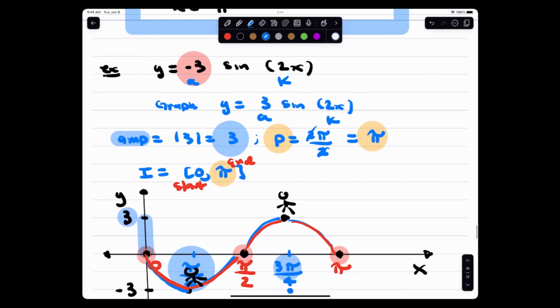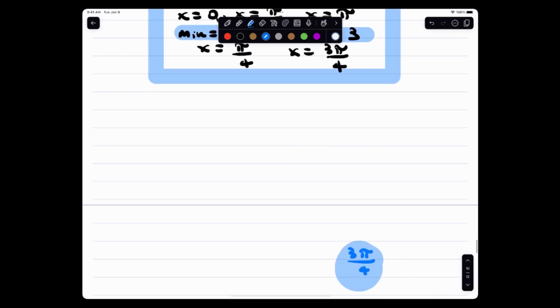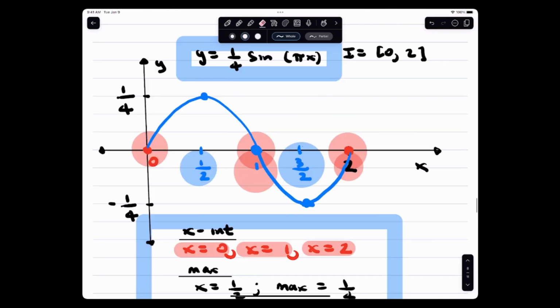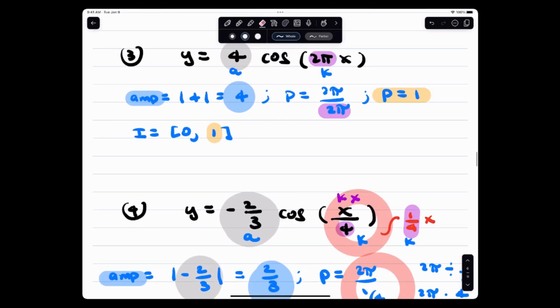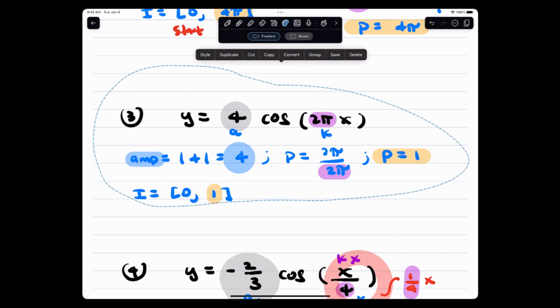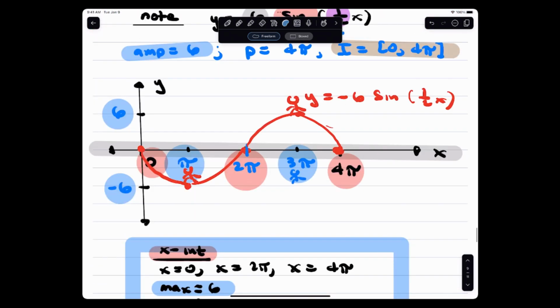There it is. Y is negative 3 cosine 2x. Now, if we go back here with some of the work we did earlier, and try to copy this, to compare and contrast about cosine.